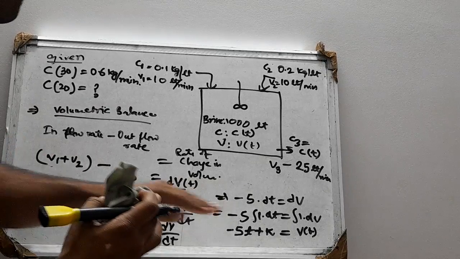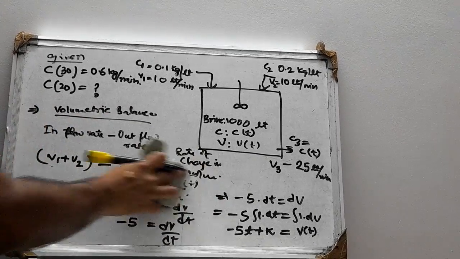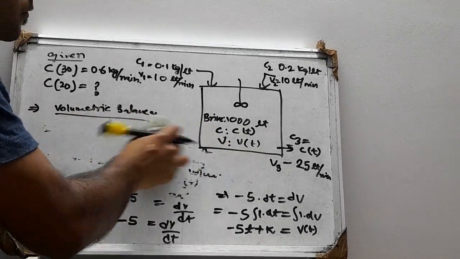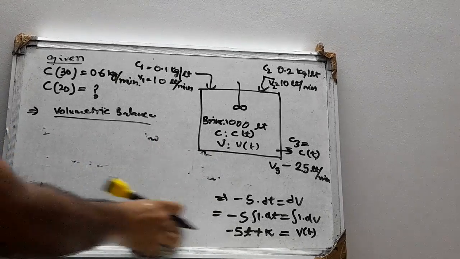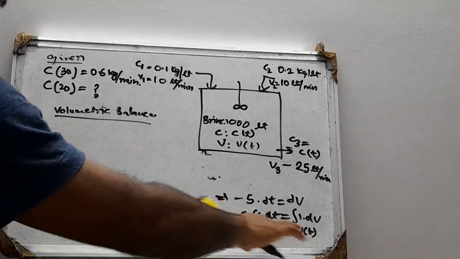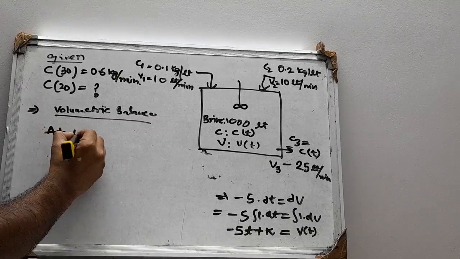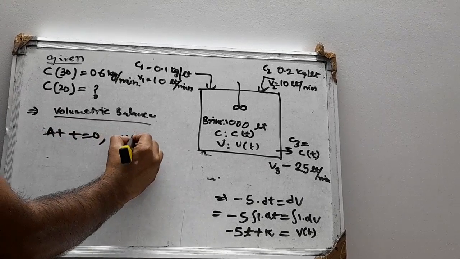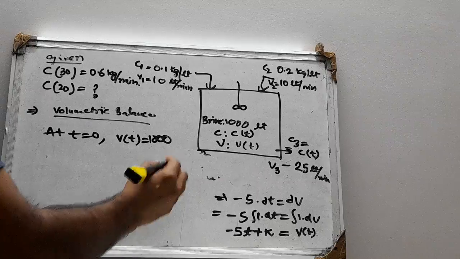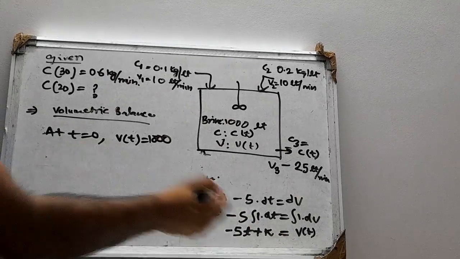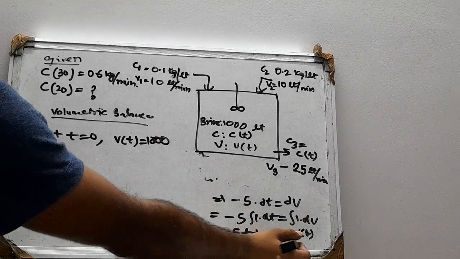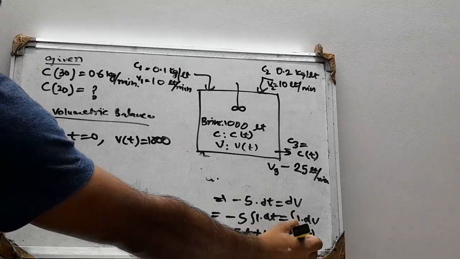So I will rub this out and directly get the equation. Initially we know that at time t equal to 0, V(t) is 1000. So we will use this here. Put time t equal to 0 here, so we can get the value of k.